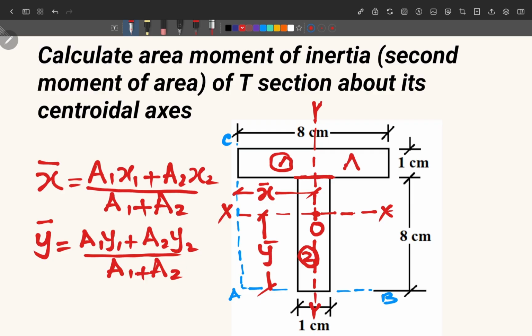Area of rectangle 1 is a1 and area of rectangle 2 is a2. These are the two areas which we will be considering.